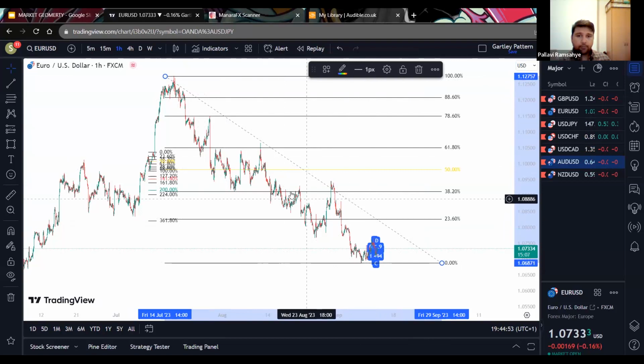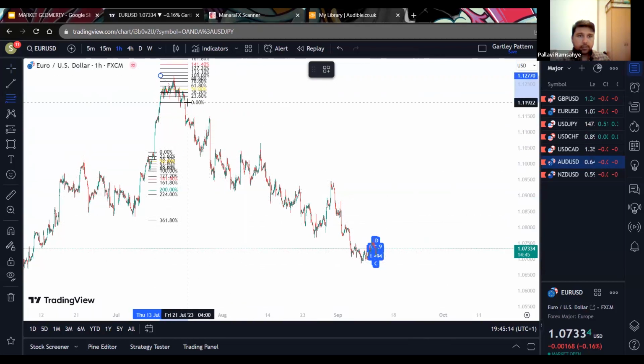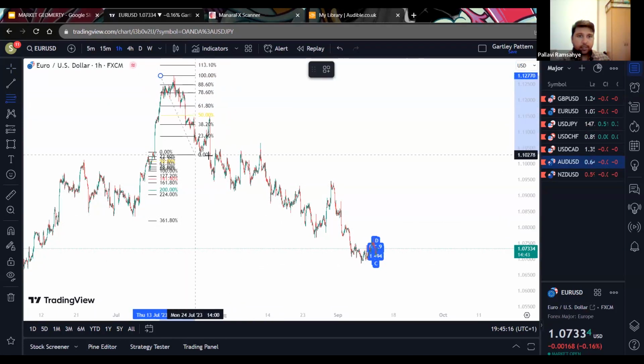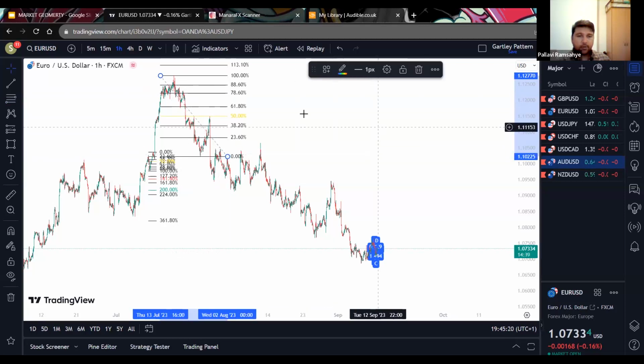And look at these retracement zones. So for example, if I was to place just the tool, let's pick a high and a low. Let's pick this point here. So this is a high, this point here, and this is a low, right? So let's pick that.